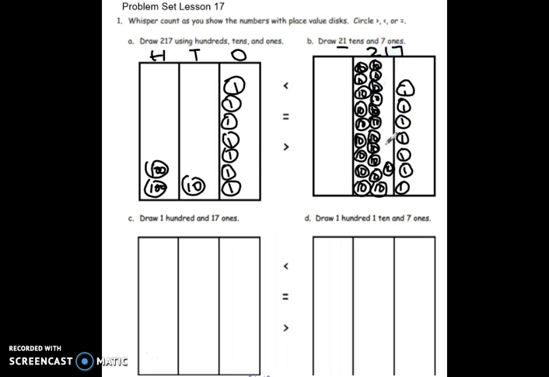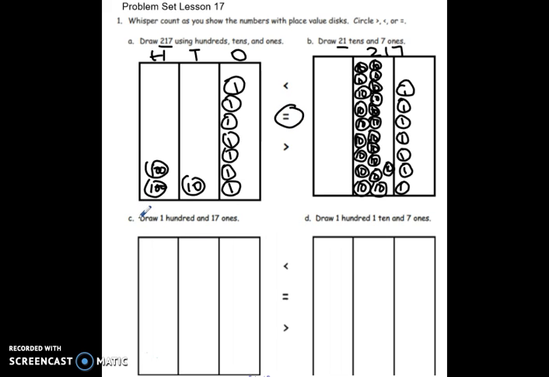So this number is 217, and this number is 217. They are the same number, so my two numbers are equal to each other.